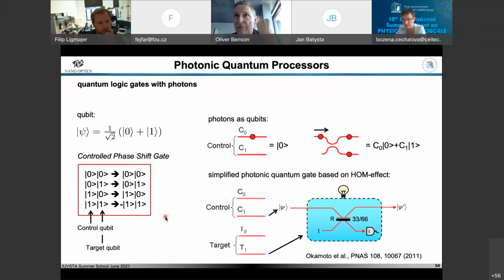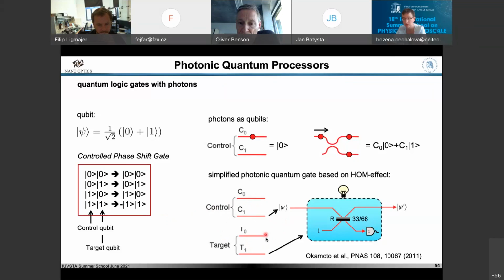In the language of photons, we have already seen an idea how this could be done. Let's again assume we encode these photons in two spatial modes. A photon can be here, or in a superposition, and the other photon would be here, or in a superposition.